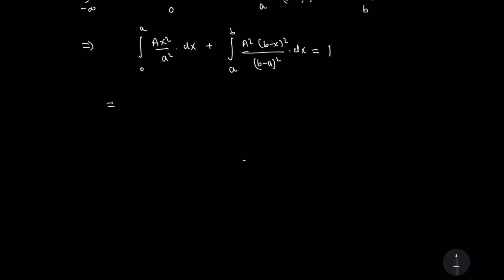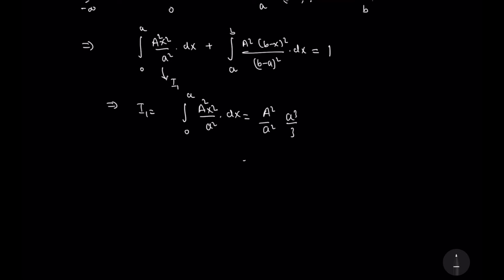Here, let me write the first integral as I1. If I solve I1, it is the integral of a squared x squared upon a squared dx. Sorry, it has to be a squared upon a squared, giving a cubed by 3 when I put in the limits.